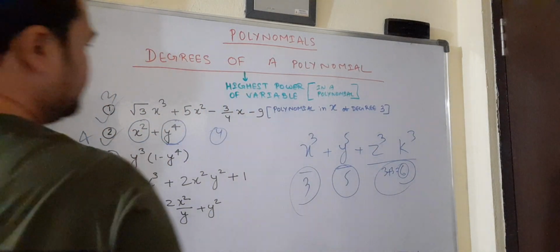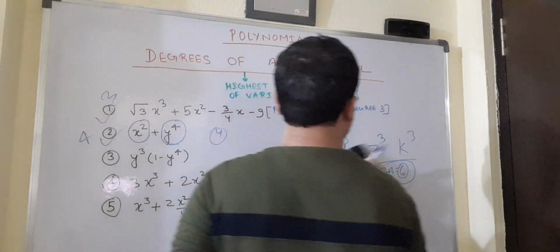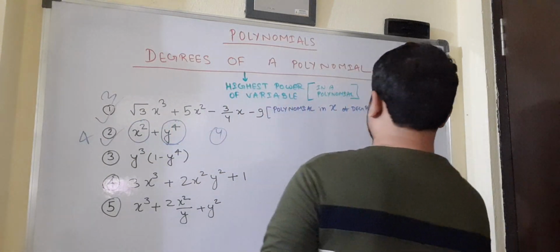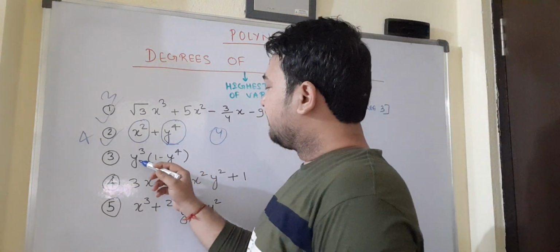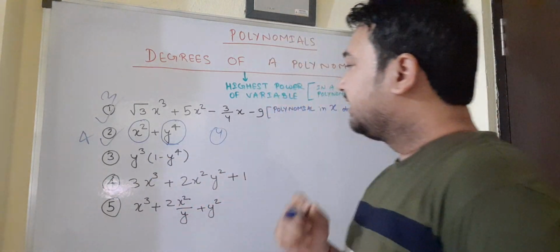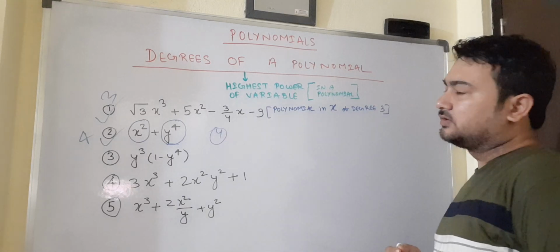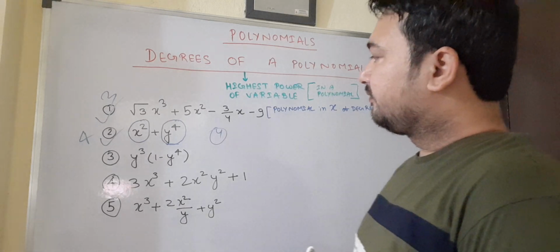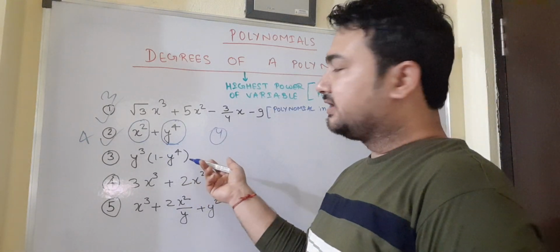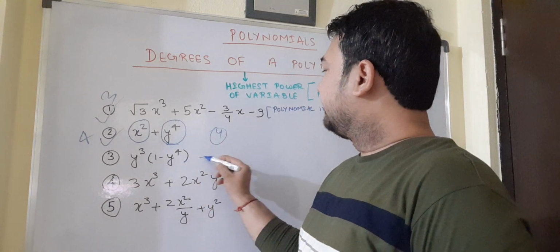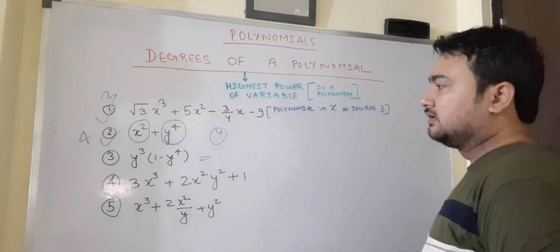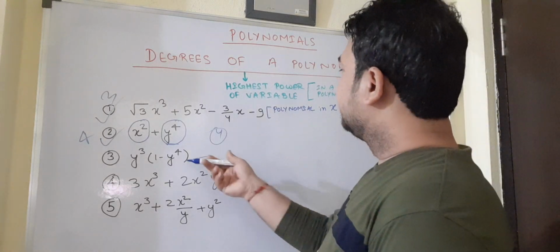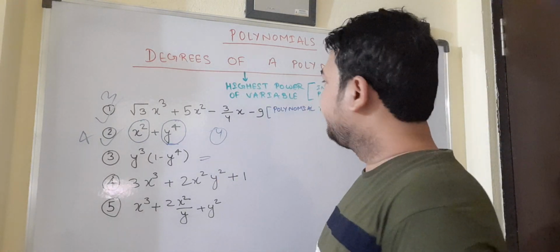In the third case you cannot directly say anything about the degree. Obviously you can say if you have practiced it, but when you have your exams you should not directly write that this is polynomial of degree this.